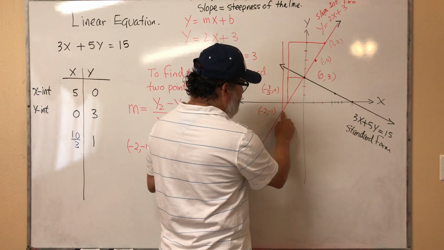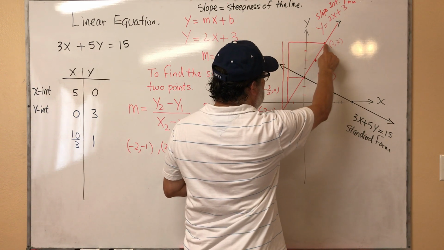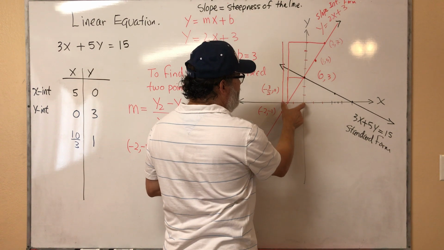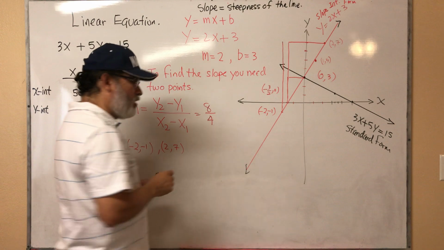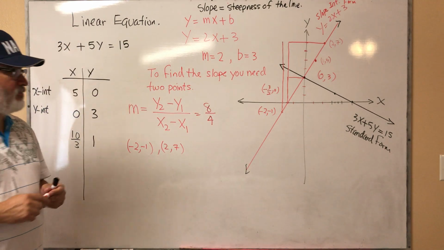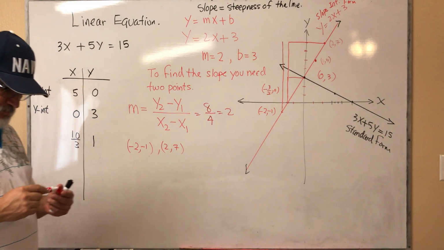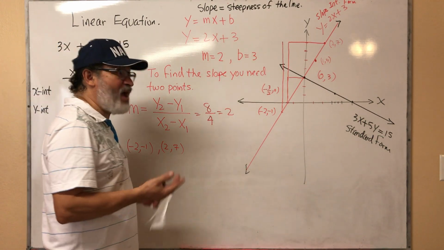The run is from there all the way up to this point. I know that from here to there is 2, and that's another 2, so this is 4. The run is 4. And you get 2. But that's if you have the graph.